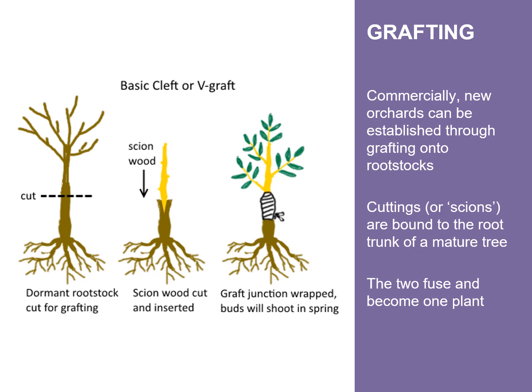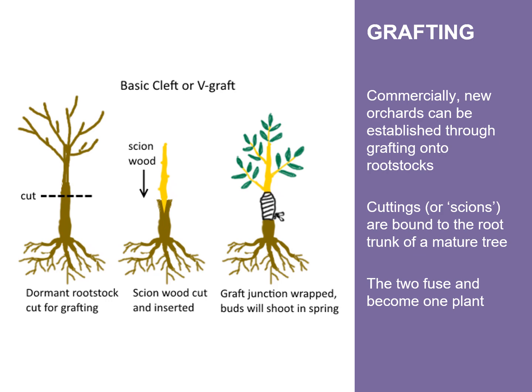Commercially, new orchards and new productions can be established through a process known as grafting. I'm not going to go into too much detail on this, as it's not really my area of expertise. It will be covered by others in future screencasts, but just to give a very brief overview. So what's done is stems are often grafted onto what are called rootstocks.